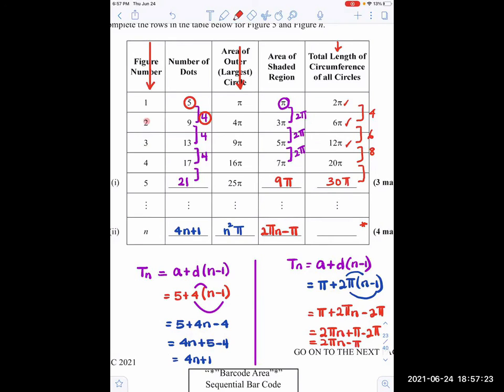And 2 plus 4 will give me 6. You all see that? 3 plus 9 is 12. 4 plus 16 is 20. 5 plus 25 is 30. Right? So therefore, N plus N squared pi.